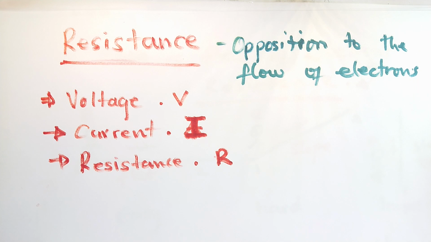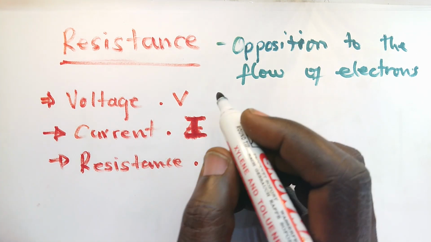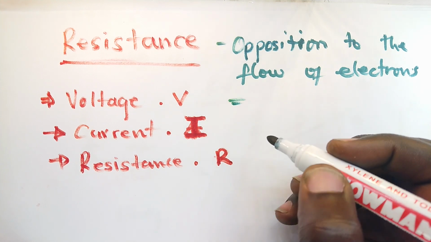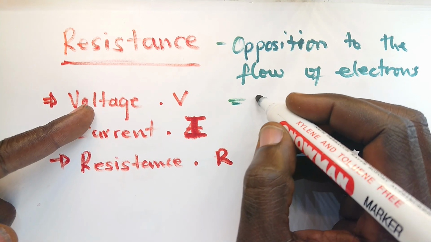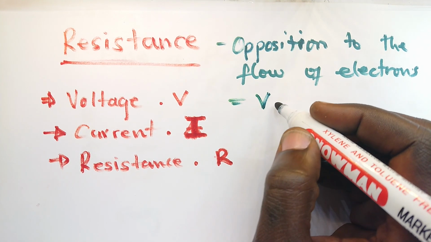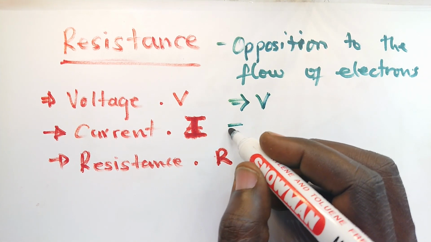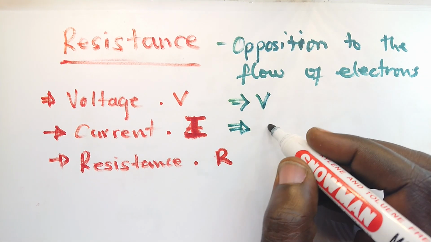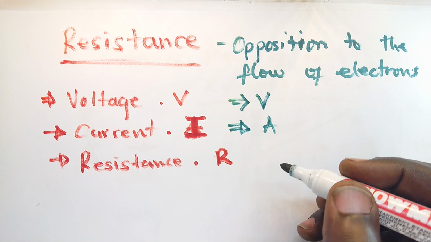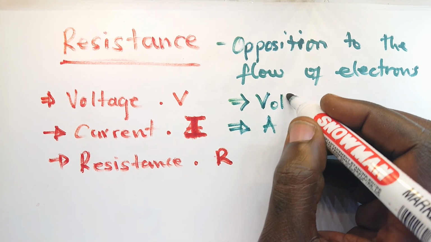Now I want to tell you that the unit for voltage is volts, denoted by V. The unit for current is denoted by A, which is amperes. Okay, let me write this in full.